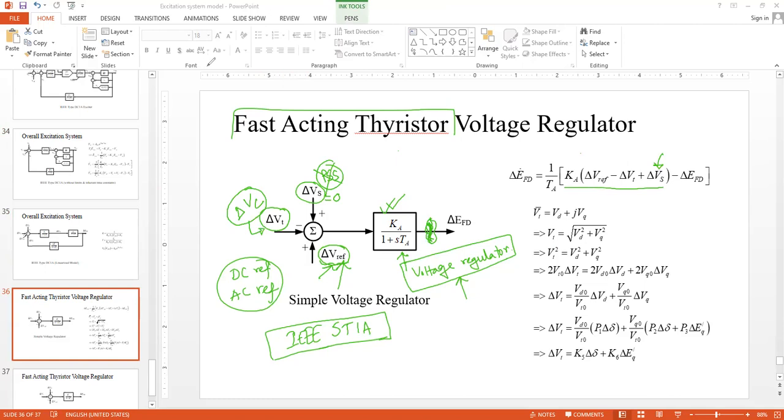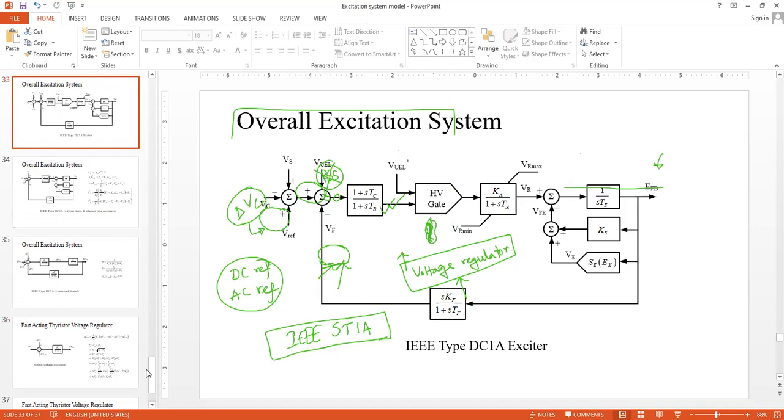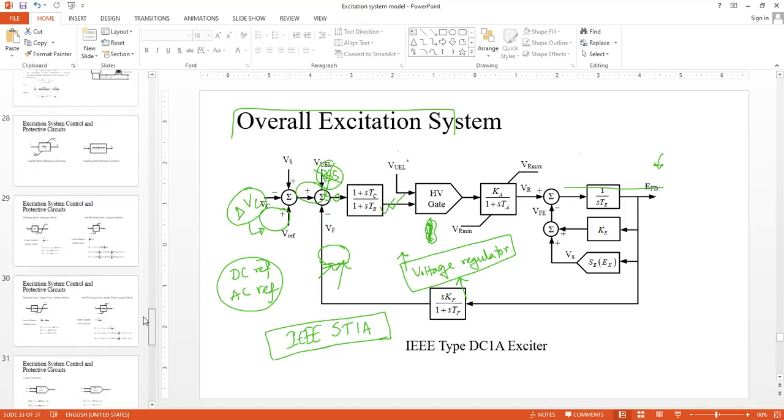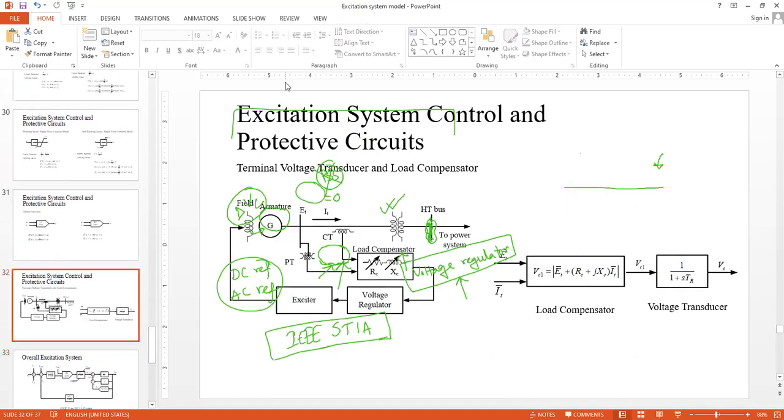How are they related? Del VT is the terminal voltage. If you look at slide number 32, you can see the relation between VC and ET. From the relationship within the block, you can clearly see this is ET, and we are calling it VT, the terminal voltage. And this is the output of the load compensator.